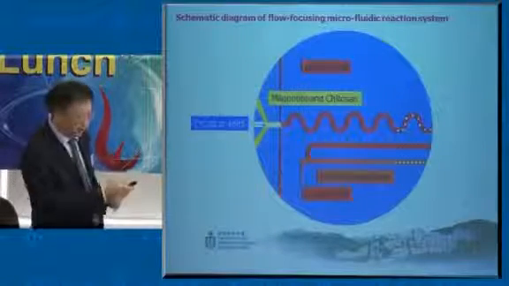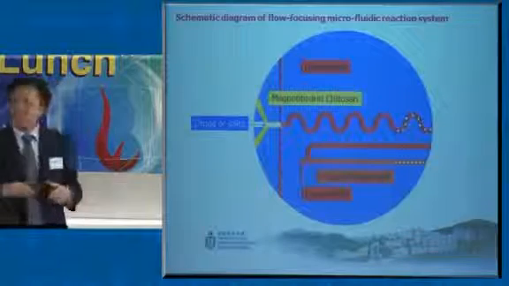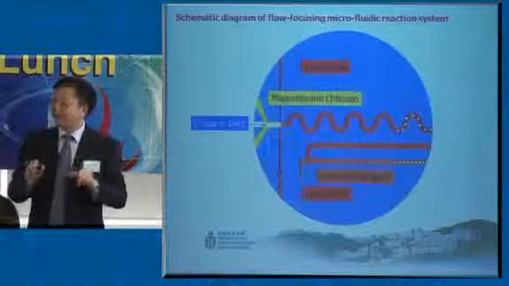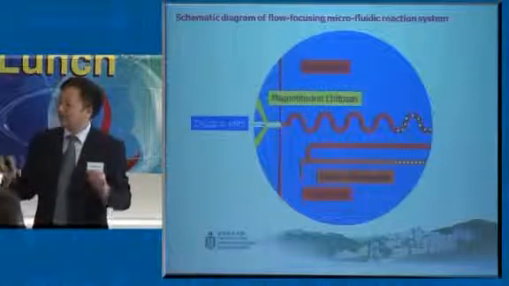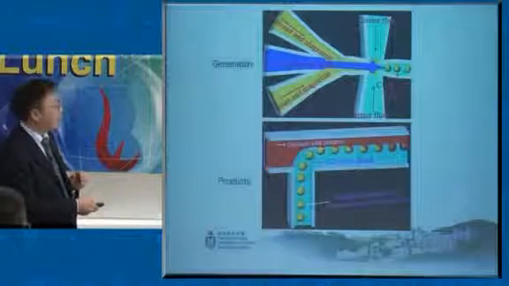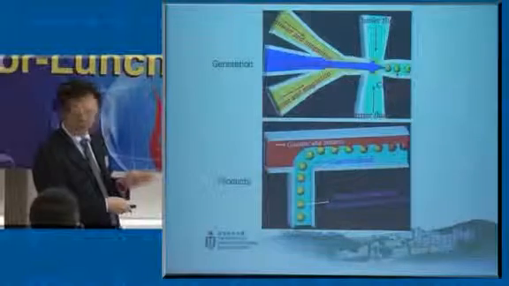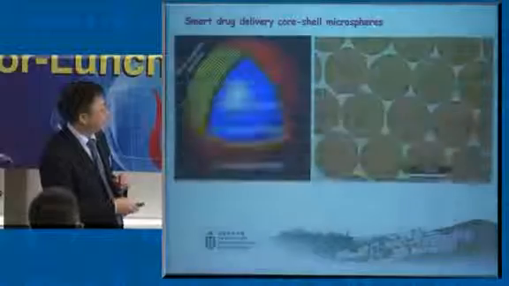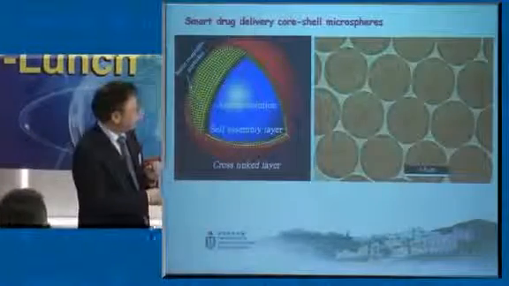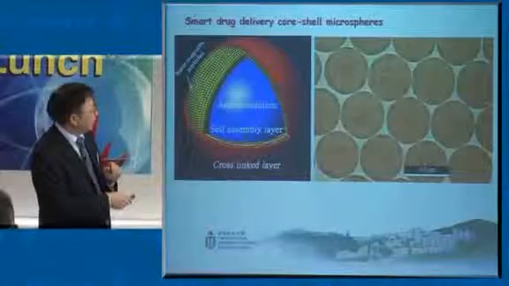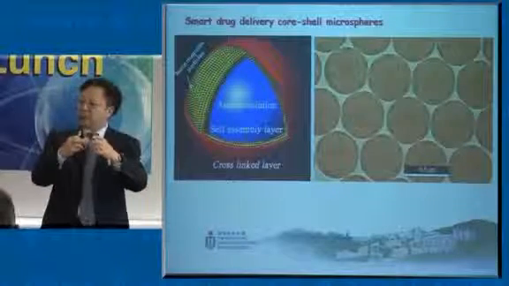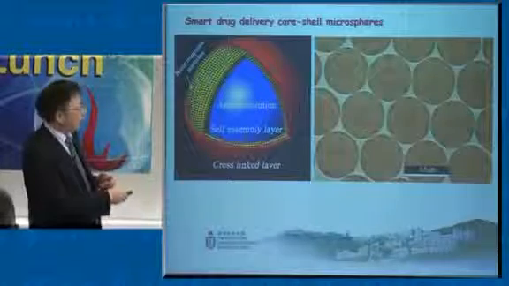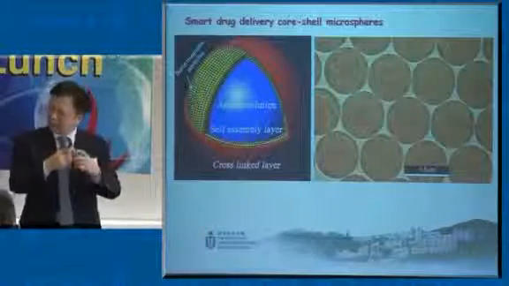However, in our invention, we use microfluidic applications. This process can mass-produce microspheres. When we use this process, you can make particles like this, with a core-shell structure. In the core is a liquid drug; we use an aspirin solution as the core.